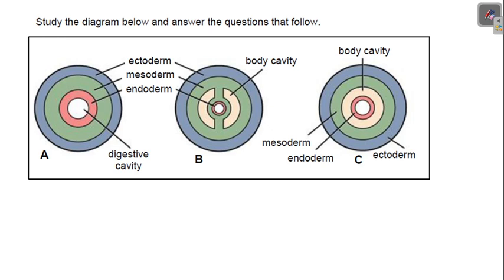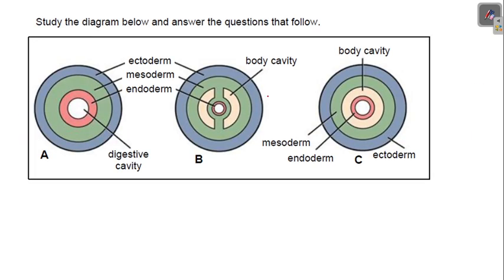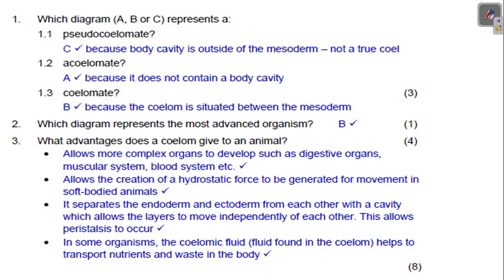Mesoderm is present at A, B, or C. Because the body cavity is outside of the mesoderm, that would be C. So mesoderm is present, however, the body cavity is not covered by the mesoderm, that is C. Then an acoelomate is A, because it does not contain a body cavity, and then a coelomate will be B because it is situated between the mesoderm.